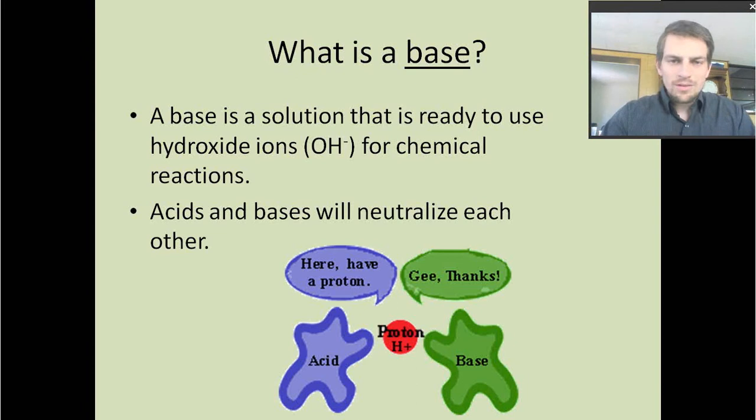And I want to point out what we get when we put this proton ion, that H+, with this OH minus. So we have a hydrogen plus an oxygen and a hydrogen, and those of you who have been paying attention in chemistry know that there is a certain molecule that we find just about everywhere, and that is H2O. So when we mix an acid and a base, we actually combine the hydrogen and the hydroxide, that OH, and we get two H's and an O, which is H2O, which is water.